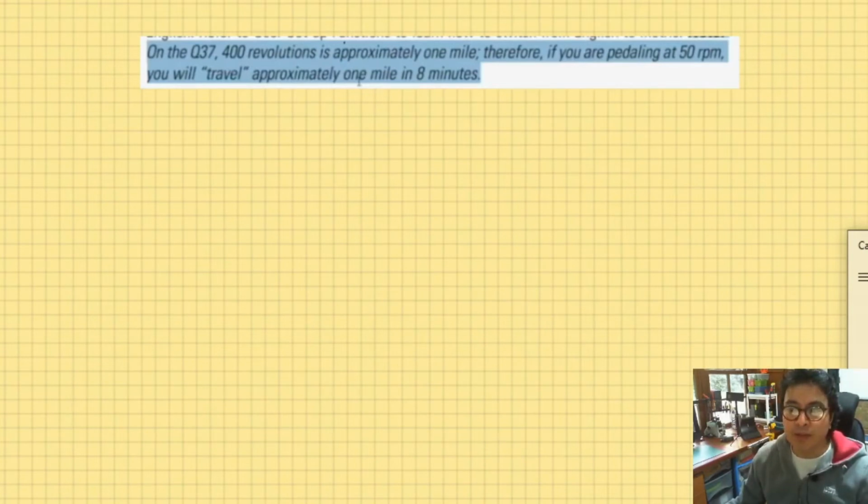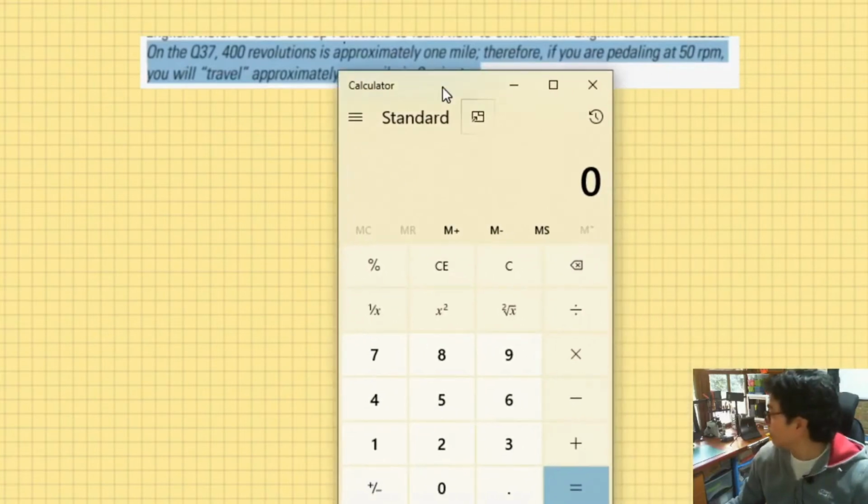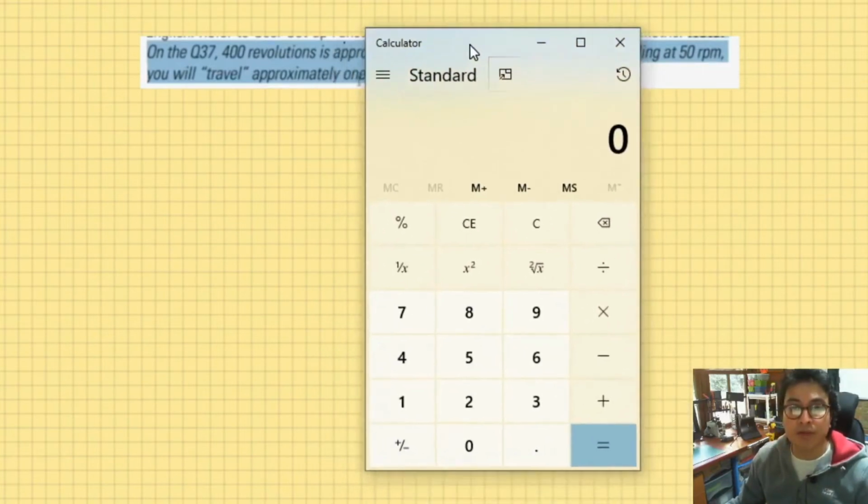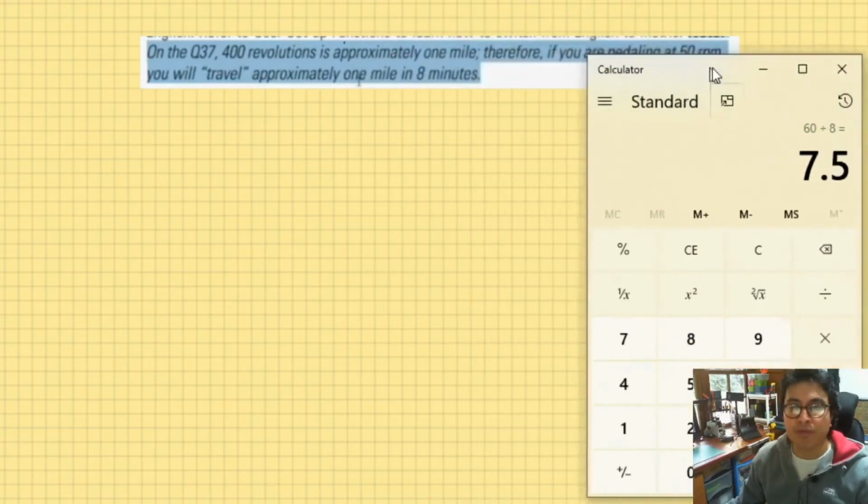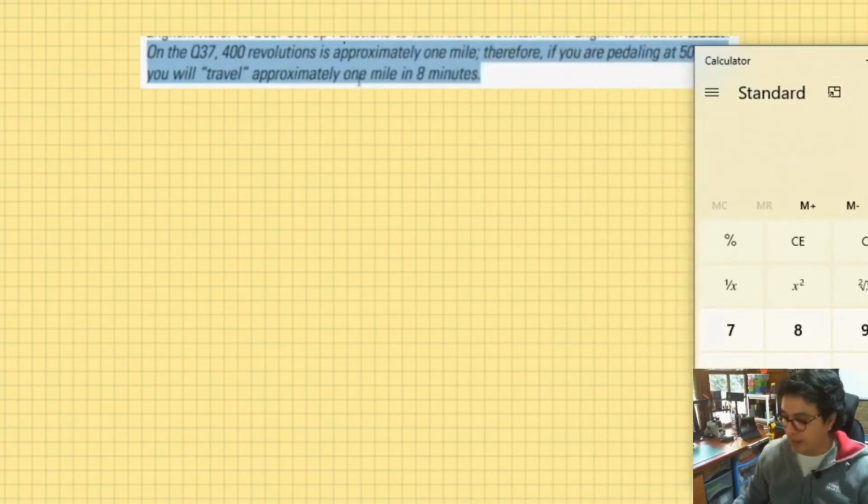To convert that into MPH, very simple conversion. Because there are 60 minutes in an hour, we divide 60 by the 8 minutes, which gives us 7.5, and that's how fast we will be travelling at 50 MPH.